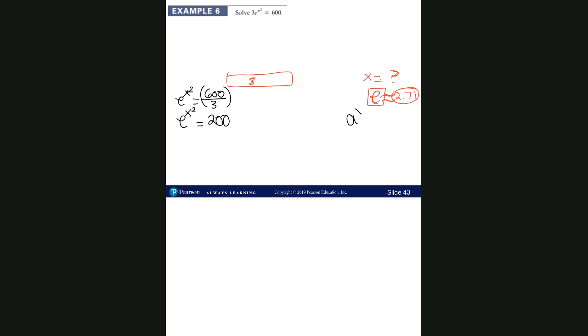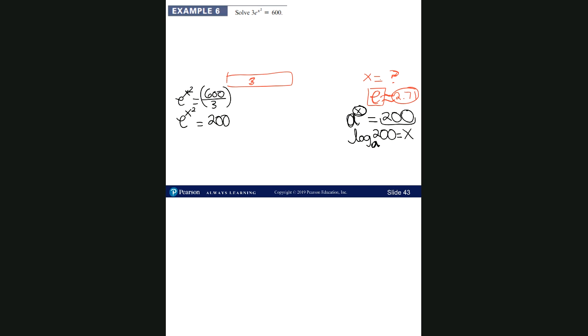So if we had something like a to the power x is equal to, let's say, 200, the way we will convert it to a logarithmic expression will be by, first you write log, then the base of the exponential will become the base of the log, of 200, is equal to this exponent here, x.